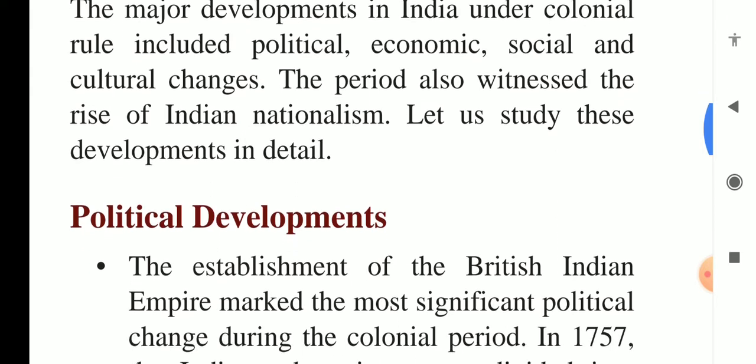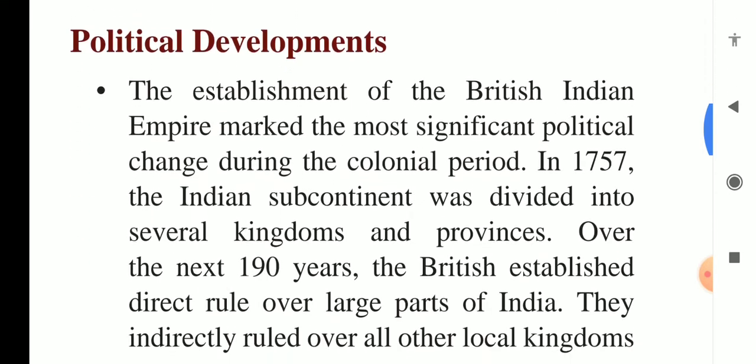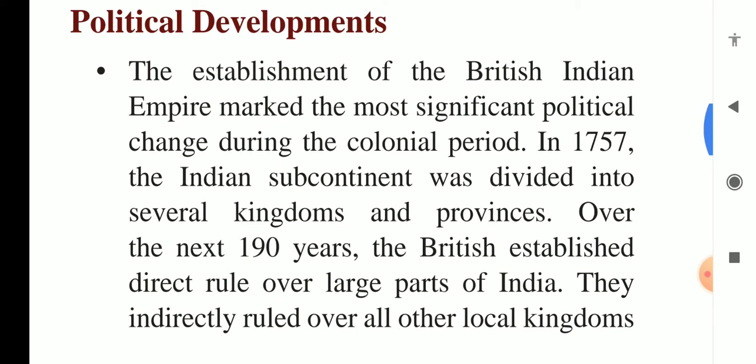Let us study these developments in detail. First is political development. What were the political developments during that time under the Britishers? The establishment of the British Indian Empire marked the most significant political change during the colonial period.